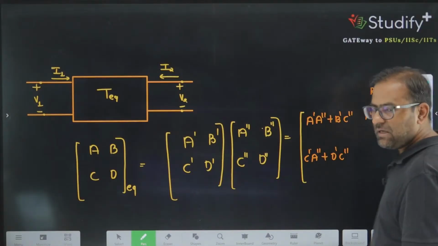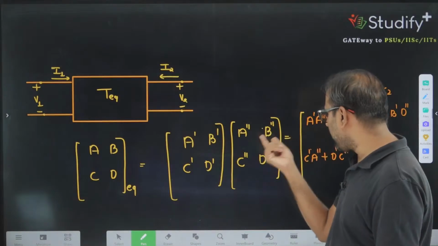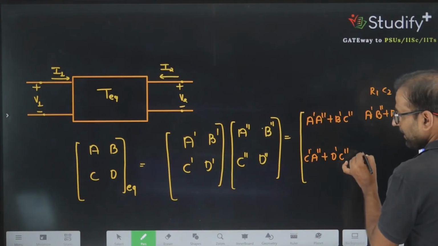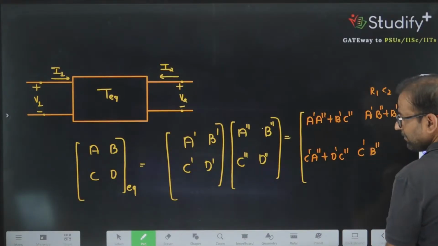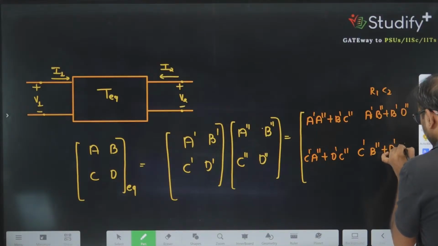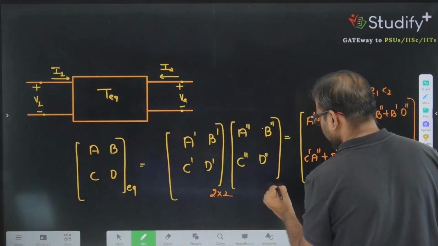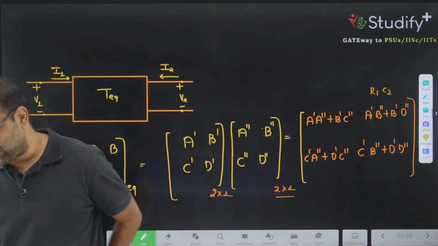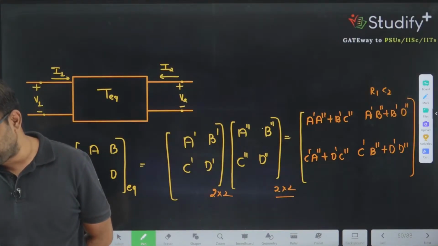And this is row 2 and column 2. So this is C prime B double prime plus D prime D double prime. So it is just a multiplication of 2 cross 2 matrices, and that will give you the final ABCD parameters for the given network. So this is the idea.